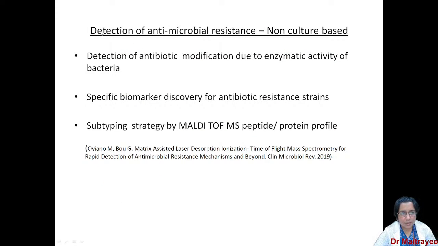In MALDI-TOF, detection of antimicrobial resistance is basically through three methods: detection of antibiotic modification due to enzymatic activity of bacteria, specific biomarkers which are discovered for antibiotic resistant strains, and subtyping strategy by MALDI-TOF-MS peptide protein profile of the cell.